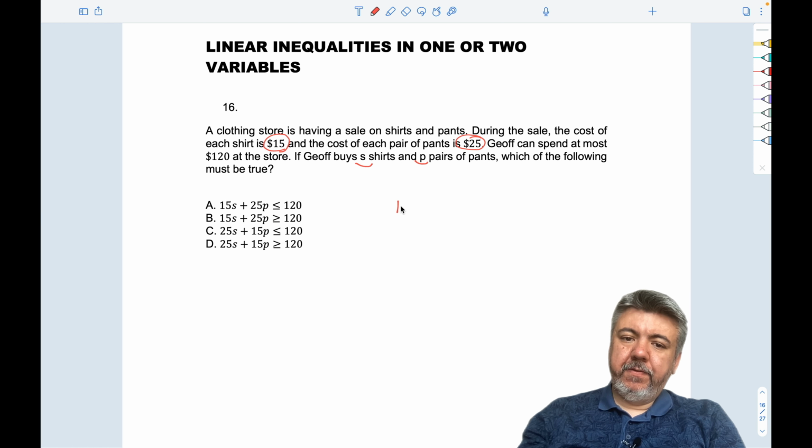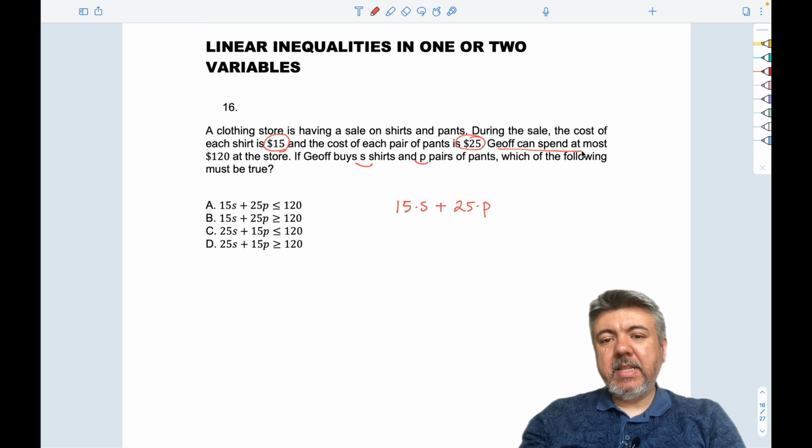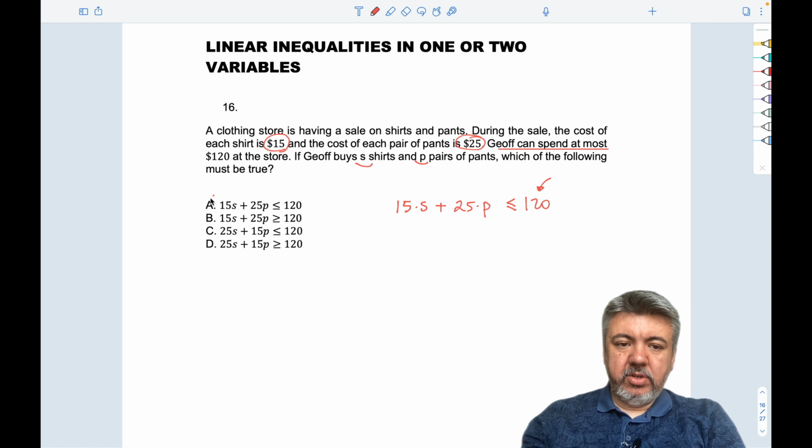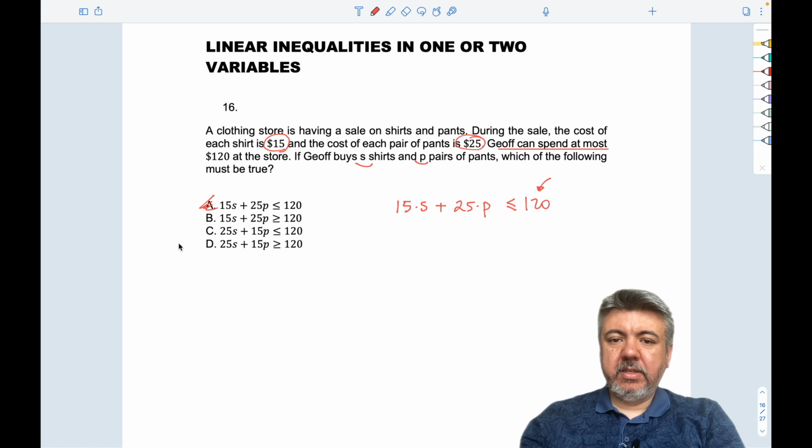So $15 times S shirts and $25 for P pants. What does it say? Jove can spend at most, that means less than or equal to 120. She can spend this amount, so it's equal. Where is the answer? The answer is choice A, my friends.